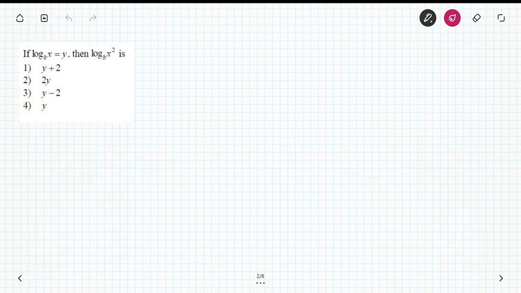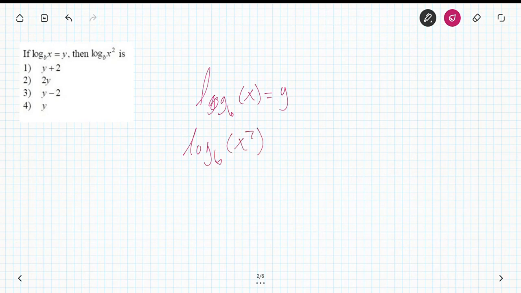Okay, so for instance, I have the log base b of x equals y, right? So now we have log base b of x squared, right? We can also express this as 2 log base b x, right?